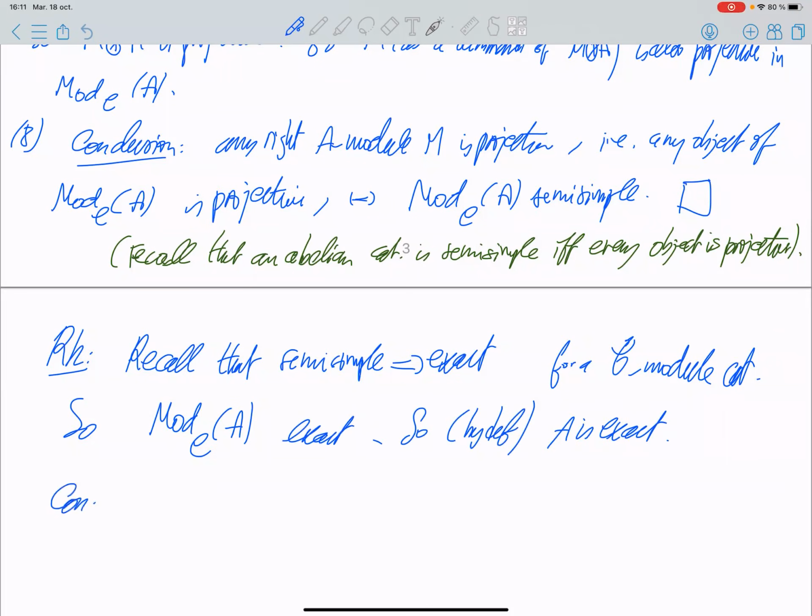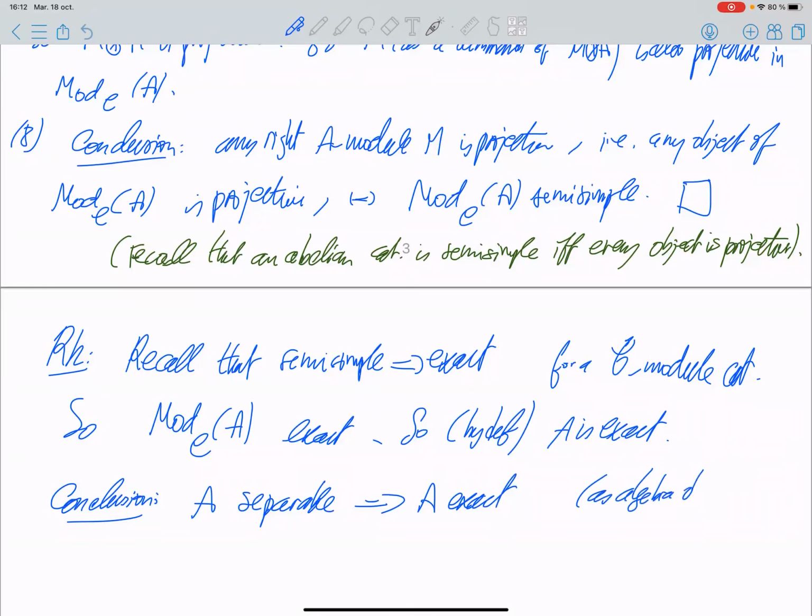Conclusion. If the algebra object is separable, then it is exact as algebra object.